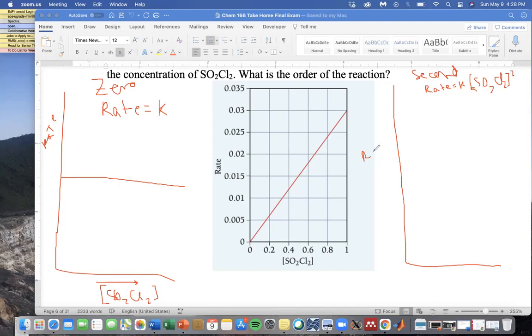So this would be your rate here, and this would be your concentration of SO2Cl2. When your concentration was 1, you'd have a rate of 1, so we'll say like here. And if you have a concentration of 2, then you go 1, 2, 3, 4. So you would go up to 4 because 2 squared is 4.